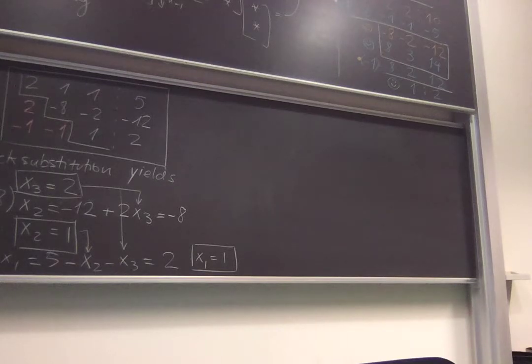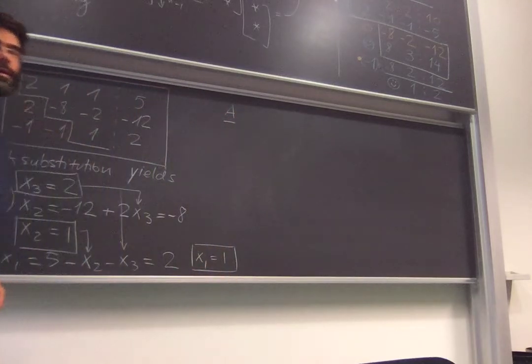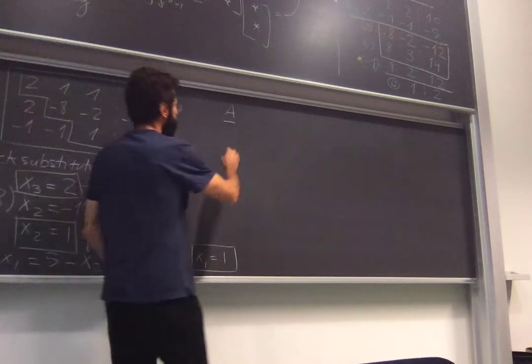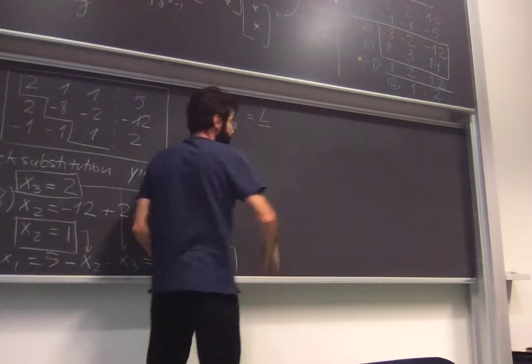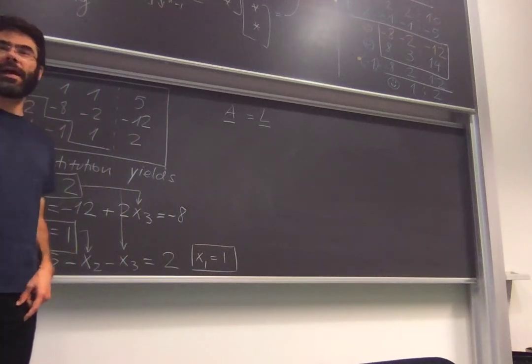Let me come back to my initial observation. What is this for? This is the magic of factorization. The original matrix that I had before is called A, and it can be written as the product of two matrices. The first one I'm going to call L, which comes from elimination.